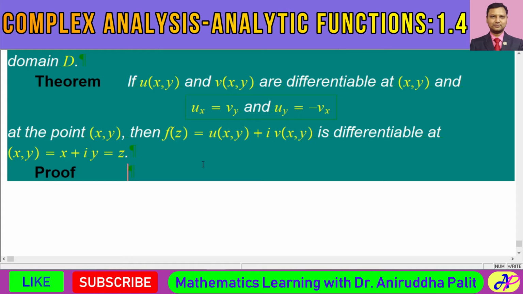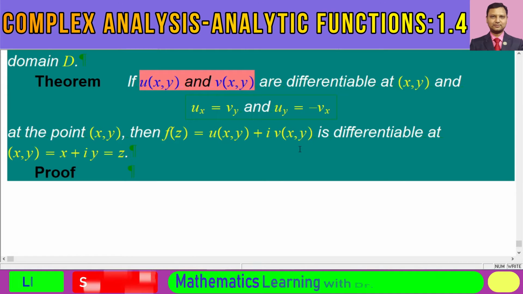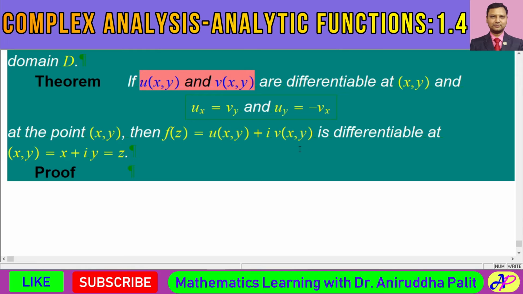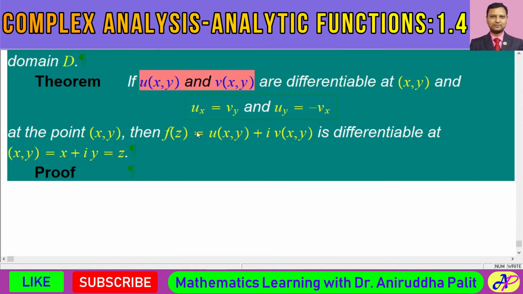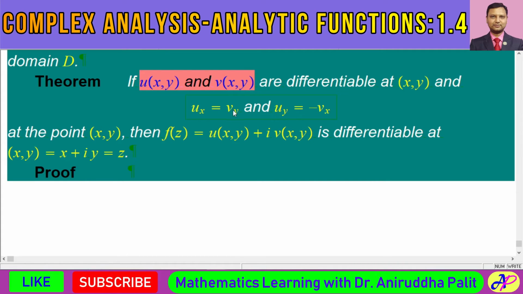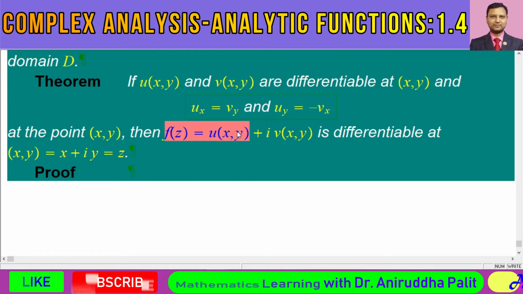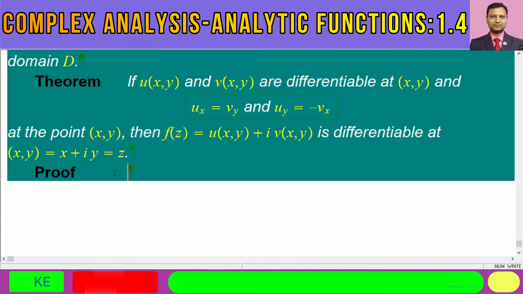So we are given that the functions u and v are differentiable functions, and because these are two differentiable functions satisfying the Cauchy-Riemann equations, we have to prove that this function f of z is analytic at the point z is equal to x plus iy.